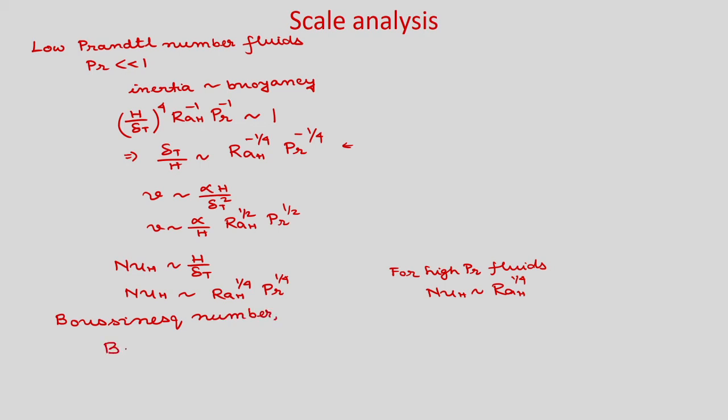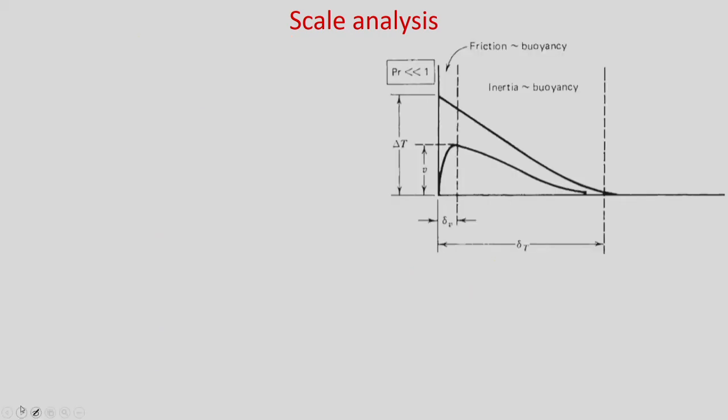Okay. So, this is the product of Rayleigh number into Prandtl number. So, you can write it as g beta delta T h cube by alpha square. So, Nusselt number you can see will be order of Boussinesq number to the power 1 by 4.